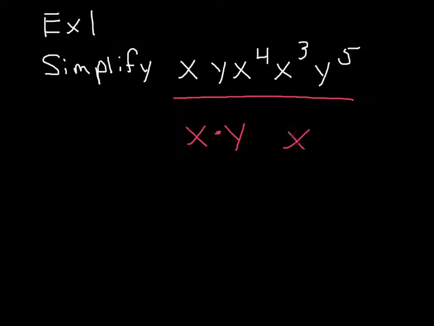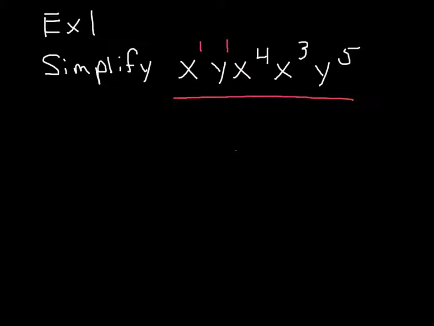I can just write xy, meaning x times y. Now we need to simplify this expression. Before we simplify it, let's take a look at all the exponents. Notice the first two do not have an exponent, but really there is one. When there's not an exponent, it really means it's to the first power. So what I have here is x to the first times y to the first, and so on.